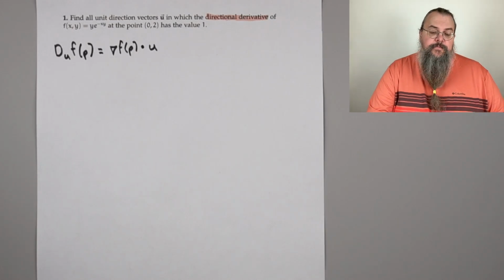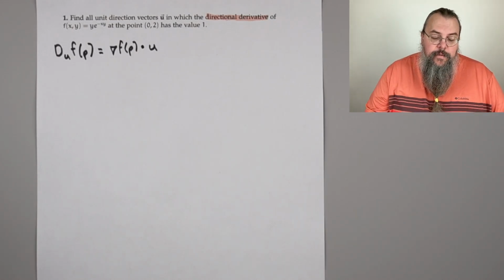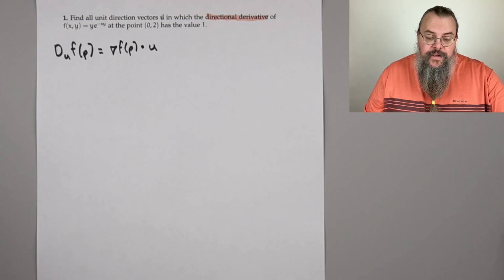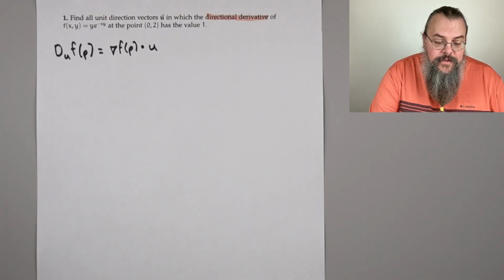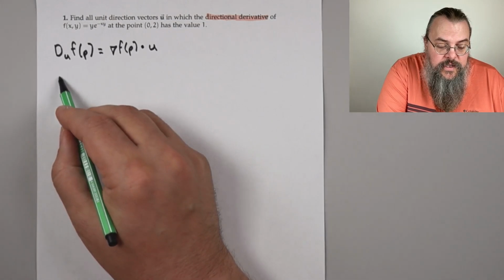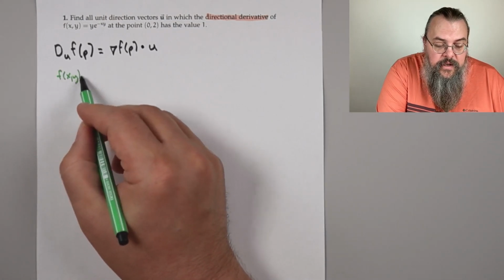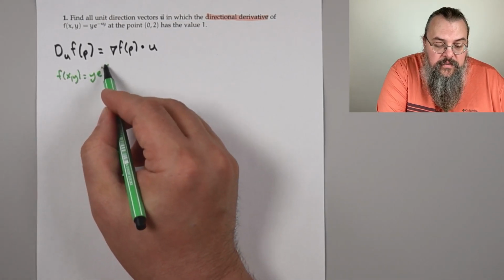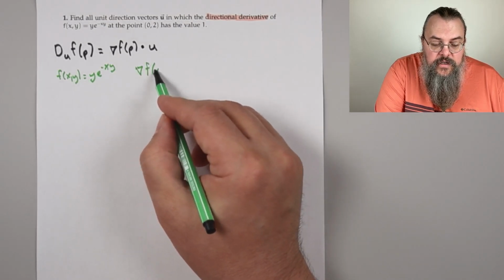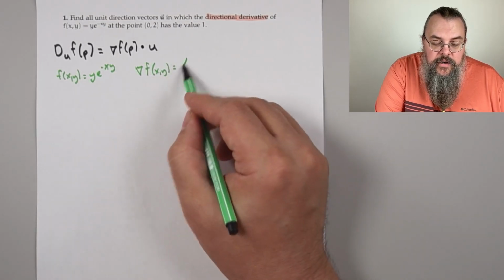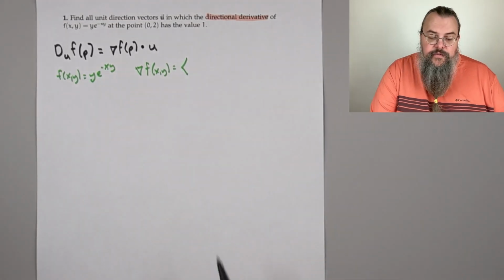That's what we're after. Okay, so probably a good place for us to start is finding that gradient, since that's going to play a role in our answer. So if our function f of x, y is y e to the minus xy, then the gradient of our function is a vector of the partial derivatives.